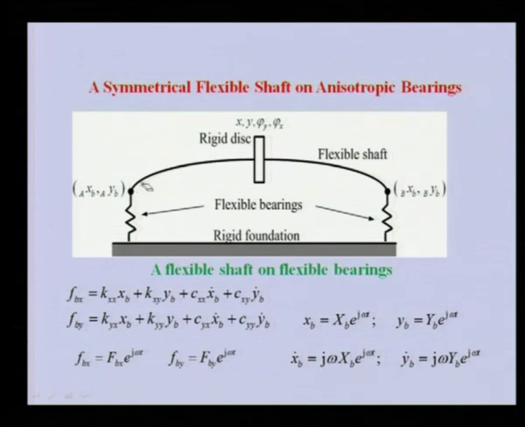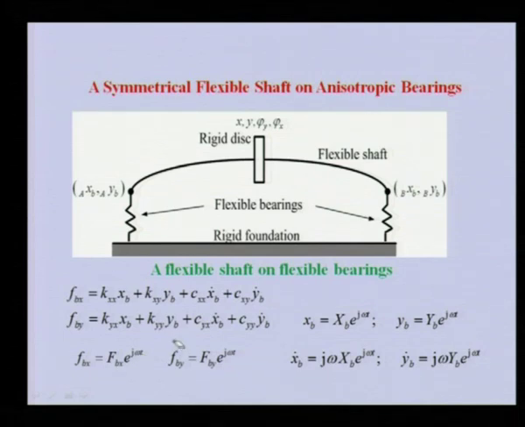So these forces are obviously a function of spin speed. We can write these bearing forces as capital F b x, which gives the magnitude and the phase information of the force, multiplied by e to the j omega t, where omega is the angular velocity.